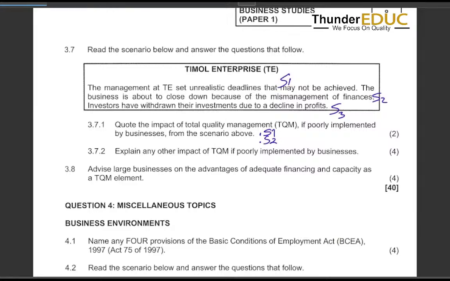Okay, right. So now let's move on to the next question, which is 3.7.2. Explain any other impact of TQM if poorly implemented by businesses. In this regard, we are saying that if TQM is poorly implemented by different businesses, they are going to have high staff turnover because of poor skills development.